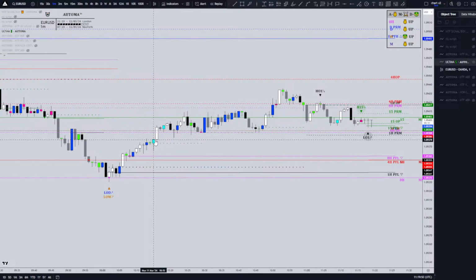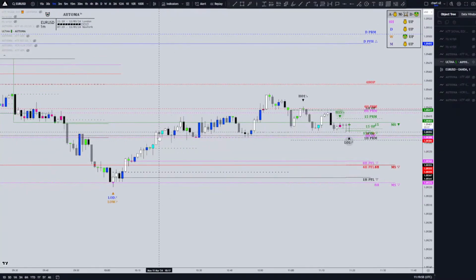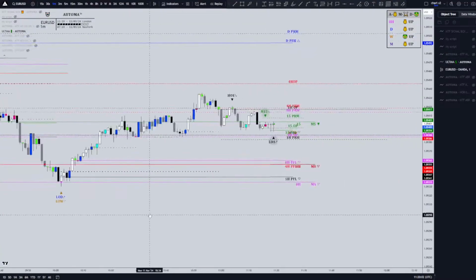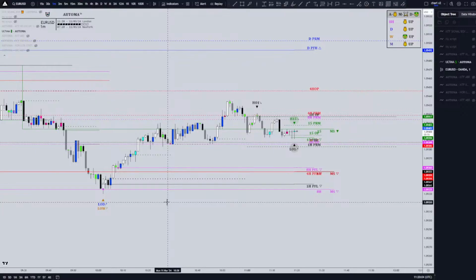So that would be my entry. Again, 1.6 pips, I will be partial risk free. The partial risk free formula is simple: it's stop loss plus commission fee. So what does this concept do? This concept basically combines scalp entries for swing trades.